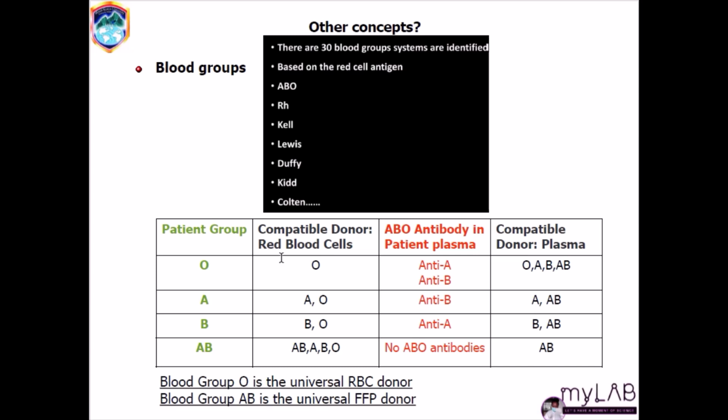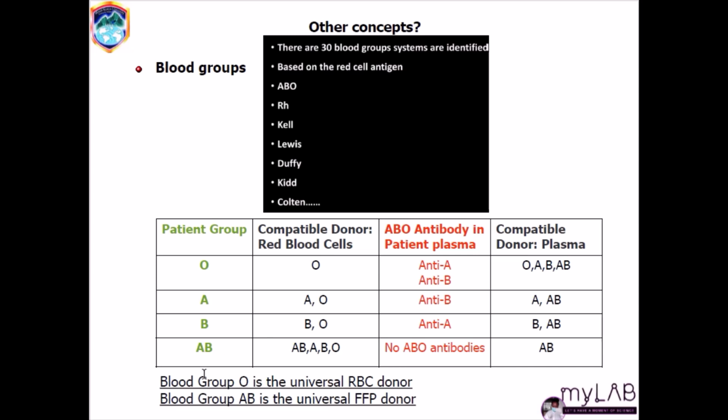And of course, this table is what I have just done when we were doing the recap of what the patient's blood group is and what donors they can have. I think you have already interacted with this table a lot.